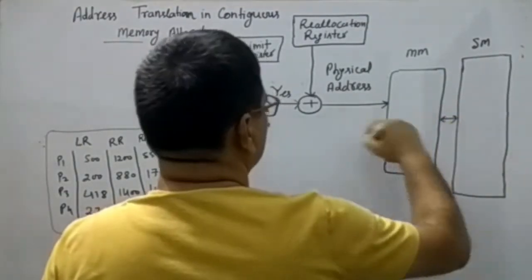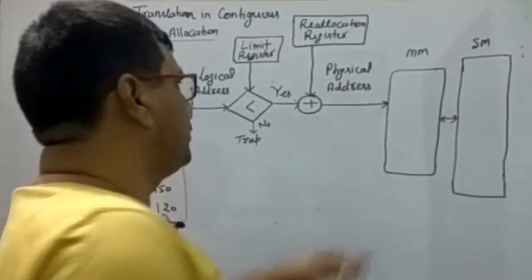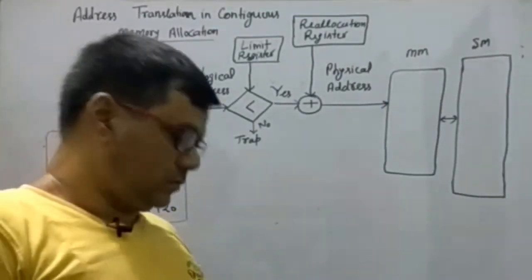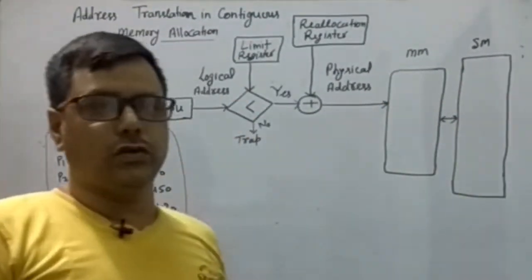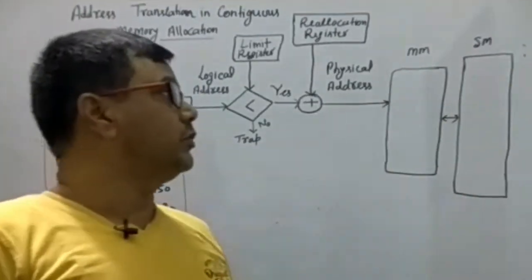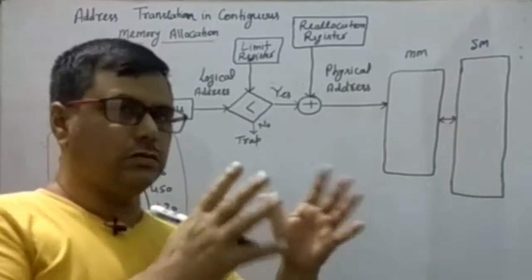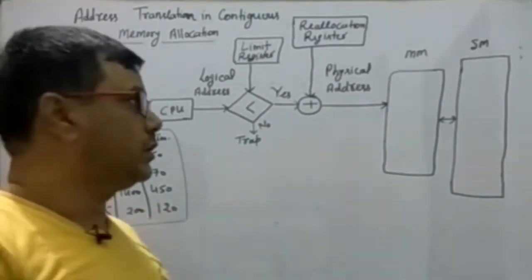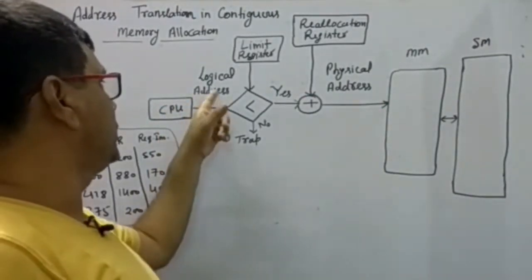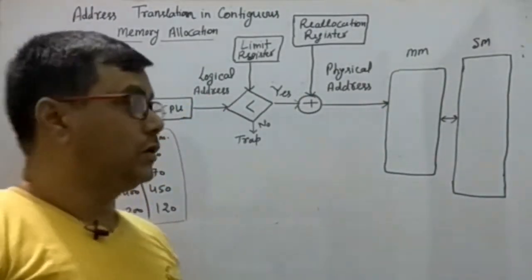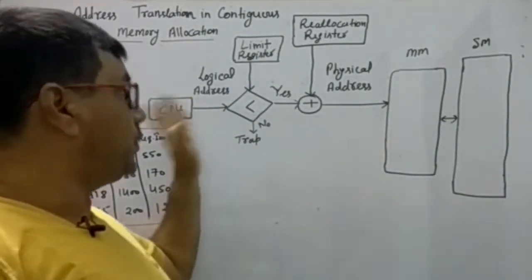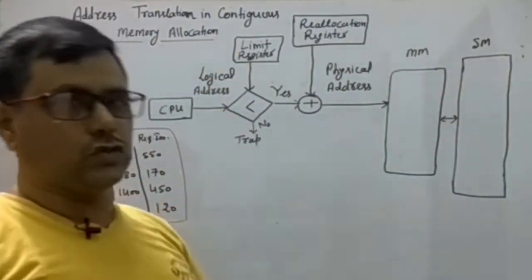The main memory contains only the information or the processes which currently need to be executed by the CPU, and the secondary memory holds all the programs and processes. A logical address is always generated by the CPU, as per the size of the process stored in the secondary memory.